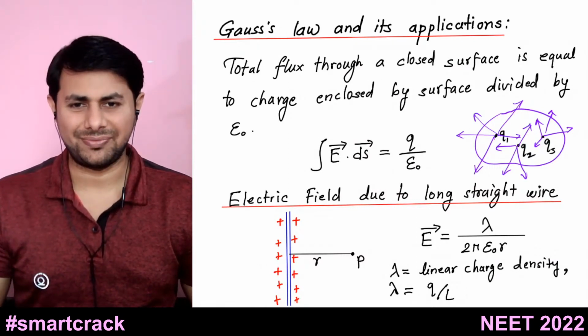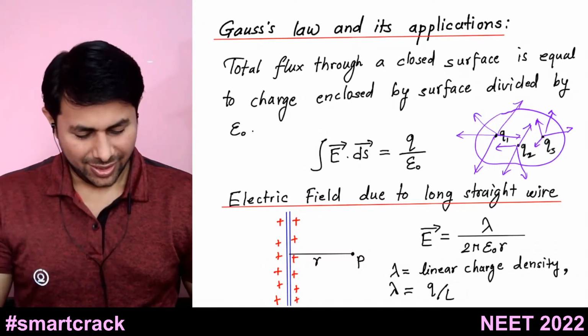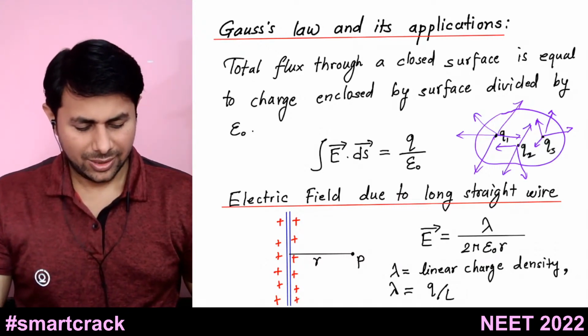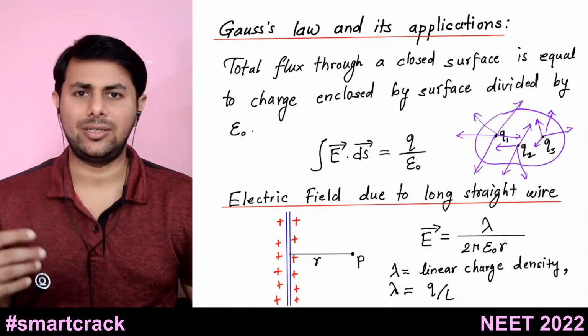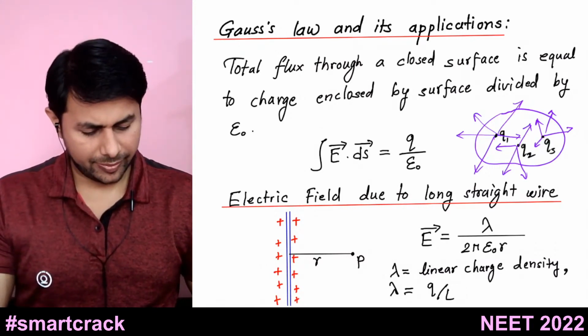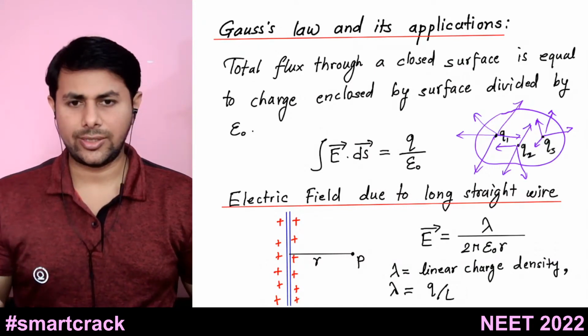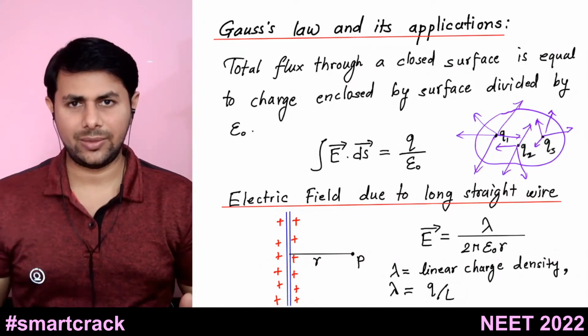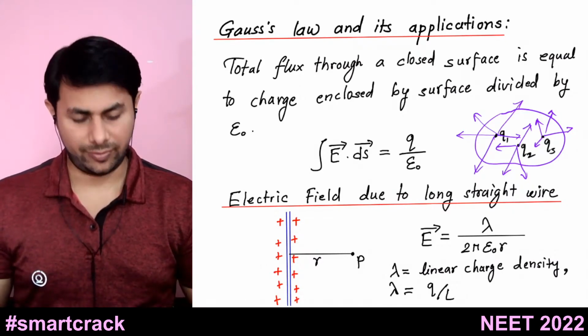as in the JEE. So this is an important topic, and we have seen the applications of this Gauss's law in the 12th standard. So what are the applications? Gauss's law is used to find the electric field due to symmetric surfaces or symmetric bodies.